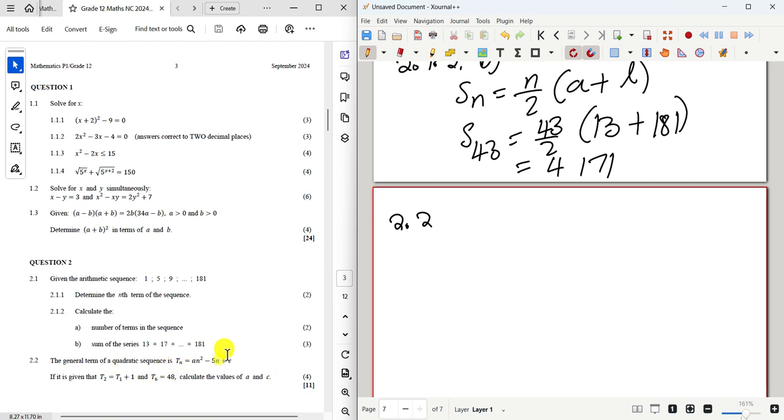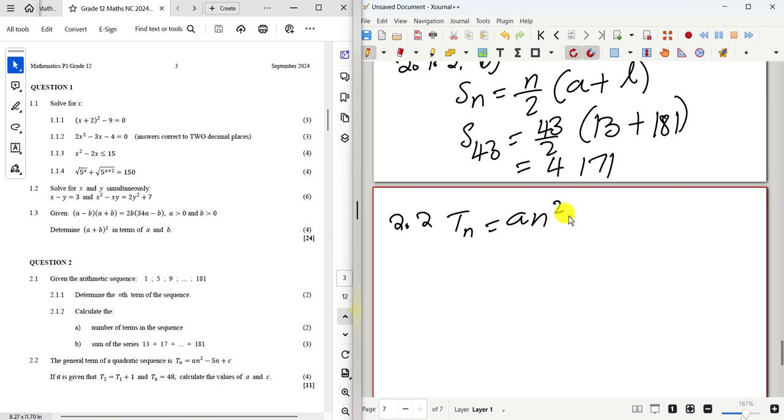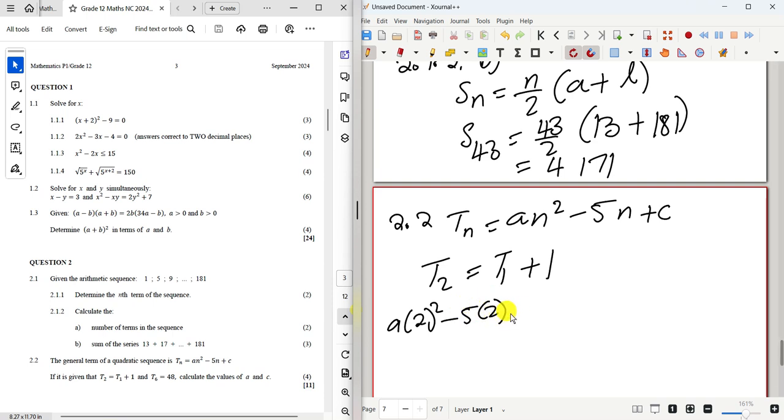The general term is, remember guys, Tn is an squared minus 5n plus c. Now they say T2 is T1 plus 1. What is T2? It means here, where there's n, you put 2. So it'll be a(2) squared minus 5(2) plus c is equal to a(1) squared minus 5(1) plus c.